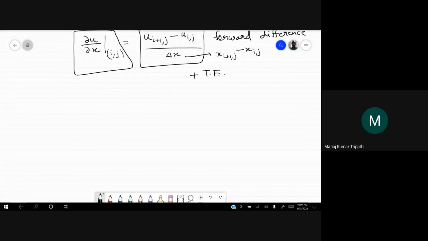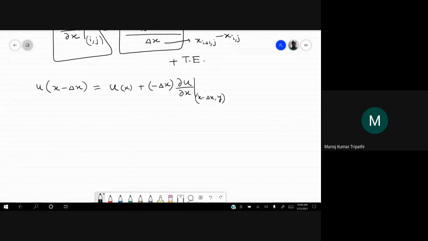Now let us see backward difference and central difference as well, and see what is the truncation error in those cases. So let us write u at x minus delta x, or i minus 1 j. This can be written as u at x plus, there will be minus delta x. So we are again writing Taylor series expansion at x minus delta x, y.